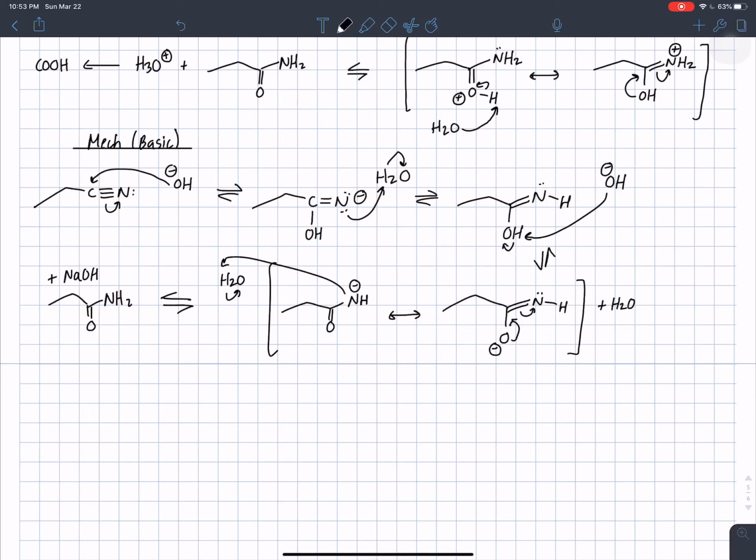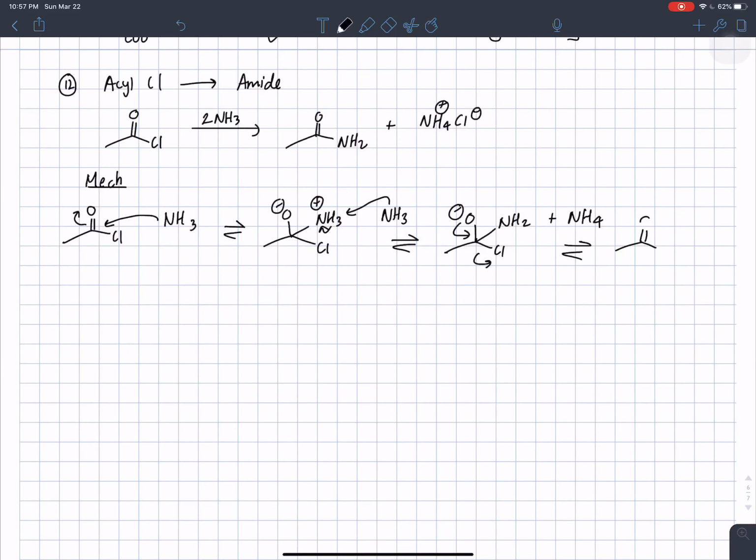So like before, because we have amide and NaOH, we're going to go all the way to the ending until we get the COO minus. But essentially the same thing, forming the amide. And the NH4 and the Cl can combine together to form your NH4Cl salt. Like that.